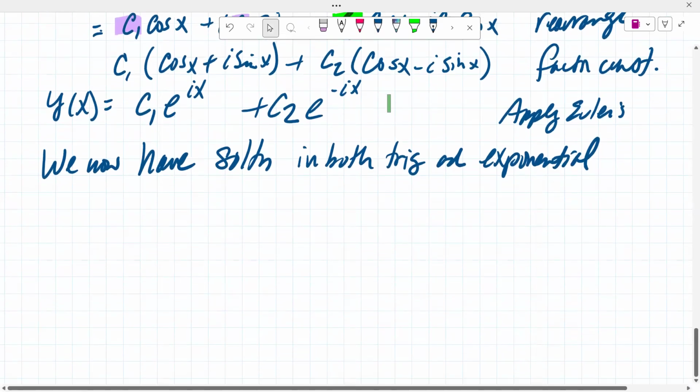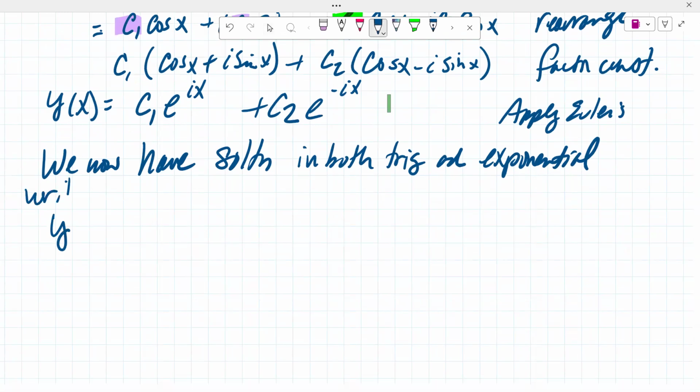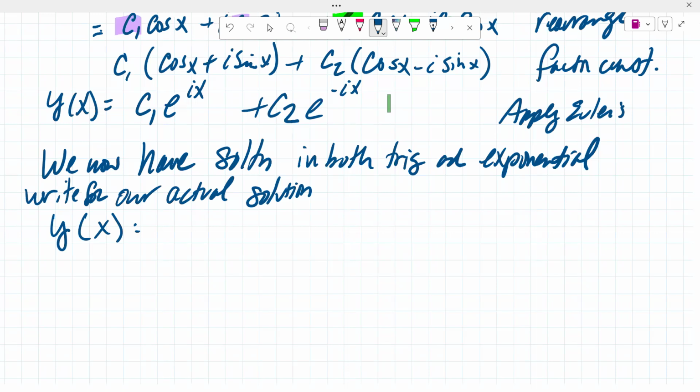I'm not going to rederive the whole thing, but I'm just going to rewrite this for our actual solution, because there's a bit of confusion on the letter use. X of x equals C1 cosine x plus C2 sine of x. This is a solution from above.